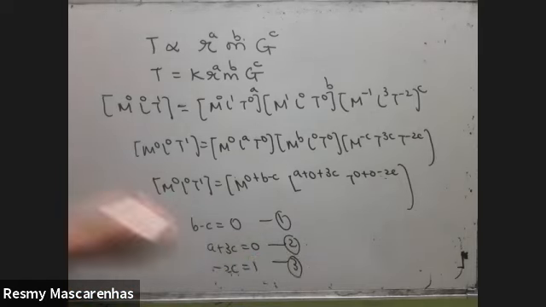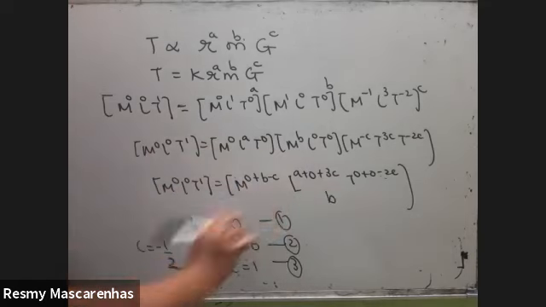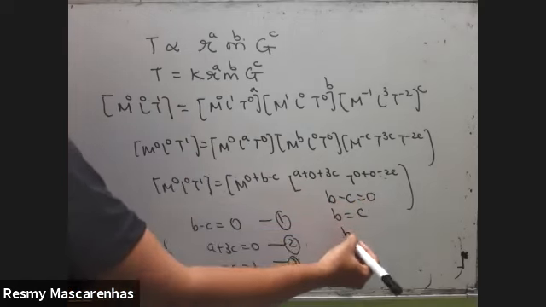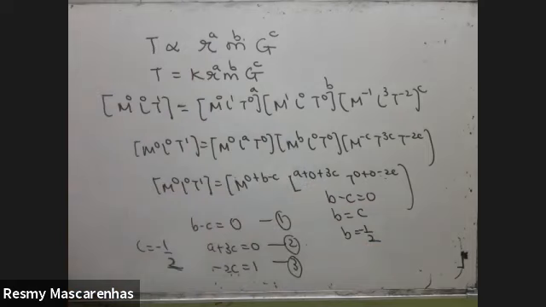So C is minus 1 by 2. Then take B minus, so B minus C is equal to 0. So B is equal to C. C is also minus 1/2, so B also will be minus 1/2 then.